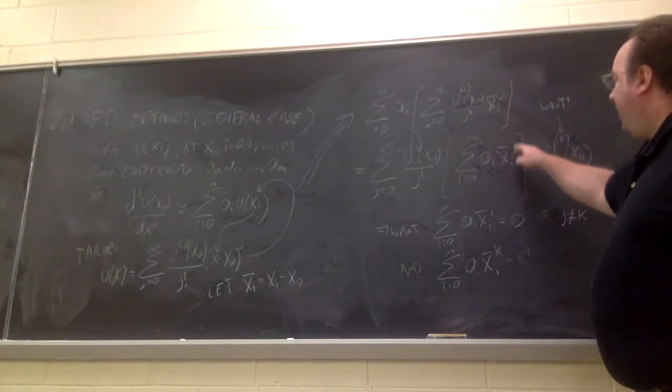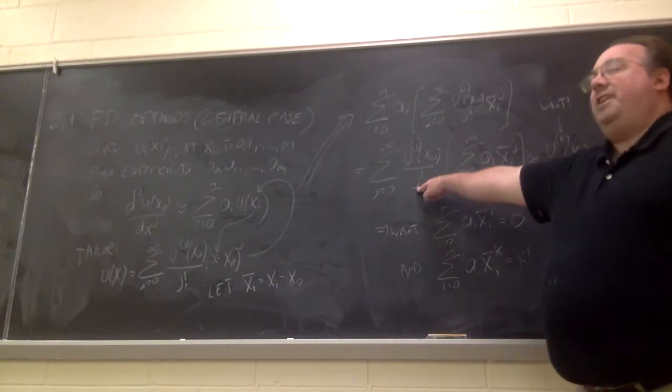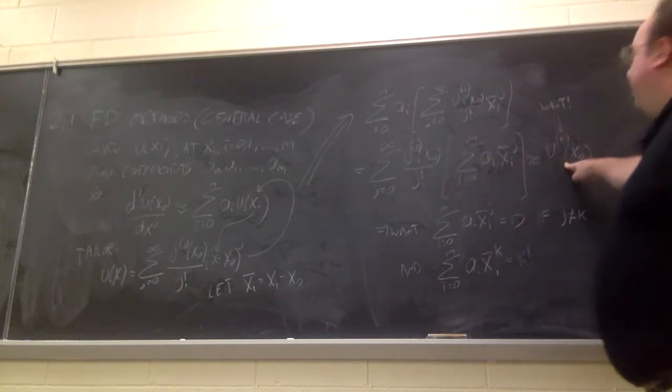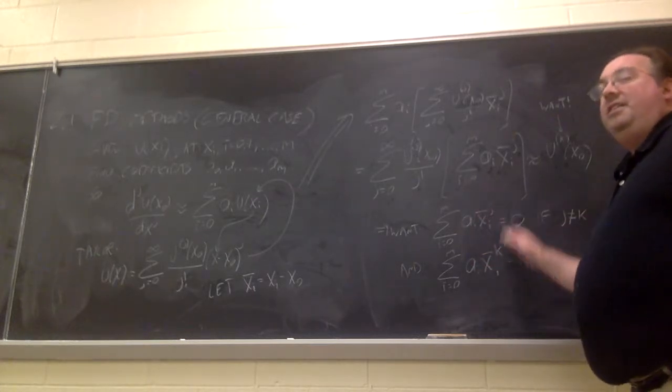If I can make this k factorial when j equals k, that will cancel with this k factorial. I'll get the kth derivative, which is what I'm after. So I just need to choose my a's so that as much as possible they satisfy these conditions.